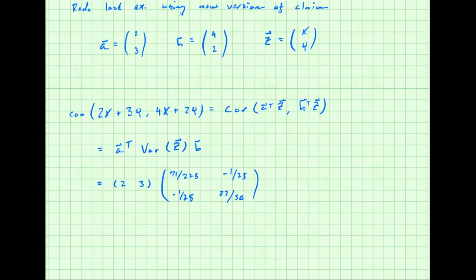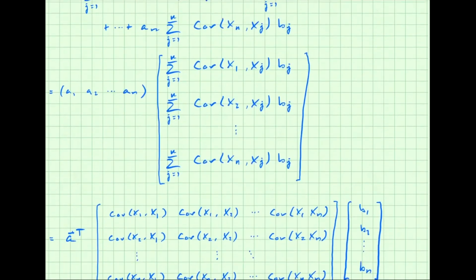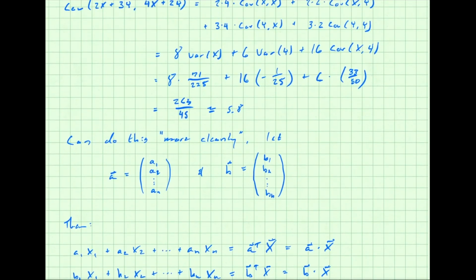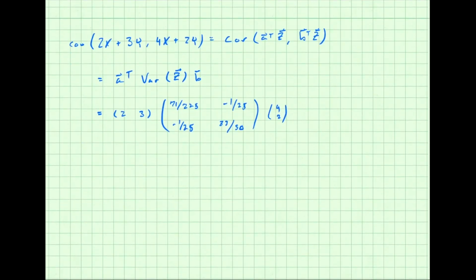And then the vector B, 4, 2. Now here, we can write out what it comes out to cleanly, but honestly, if you wanted to check if this were right, and you had a tool that allowed you to do matrix multiplication on a computer, you just put those in and check that they gave you, what was it, 0.58 or something like that. Yeah, or 5.8. But you can do the arithmetic carefully and you get the clean answer.